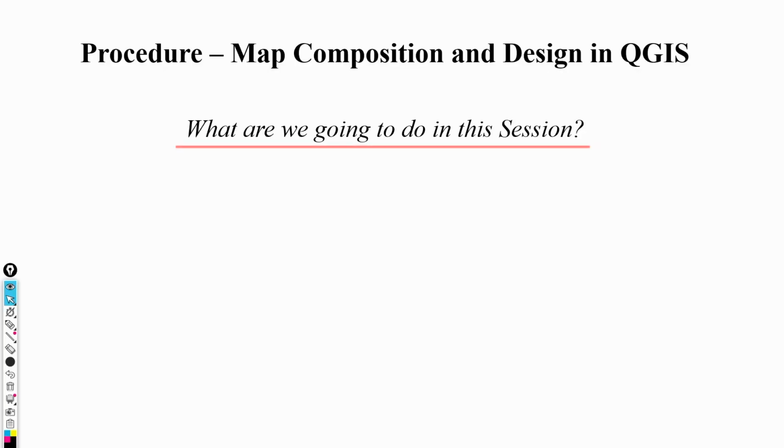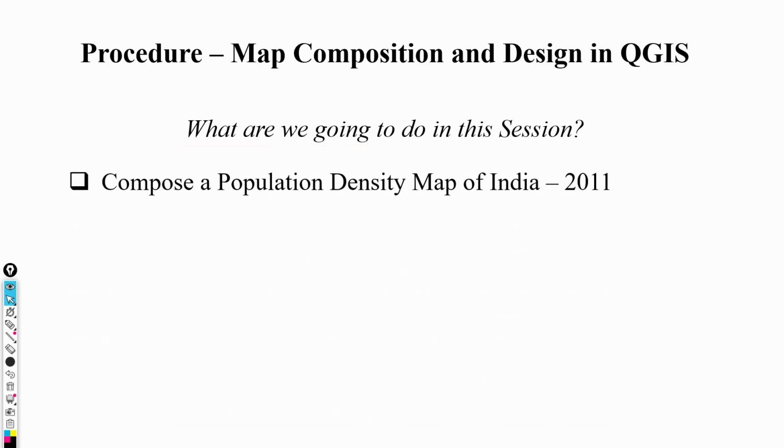With that being said, we have covered the major elements and seen why we need a map. The next thing is, what are we going to do in this session? There are two things that we will be doing. The first is to create, or compose, a population density map.